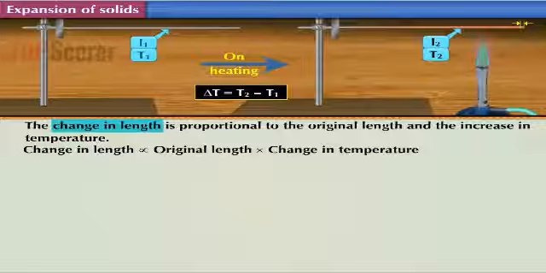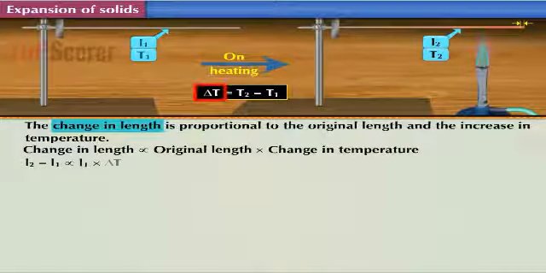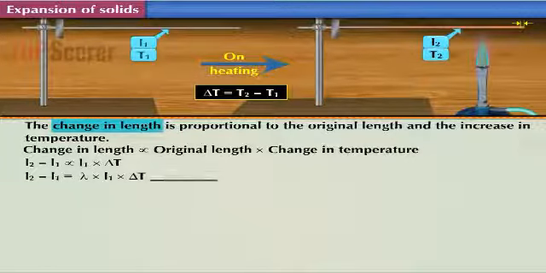This can be written as L2 minus L1 is directly proportional to L1 into delta T. Thus, L2 minus L1 is equal to lambda into L1 into delta T. This is equation 6.